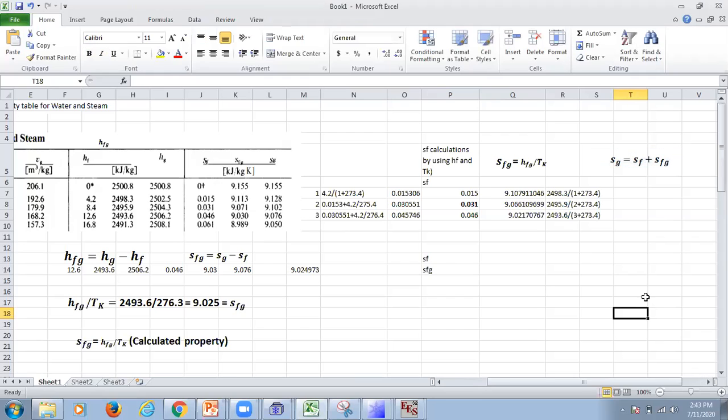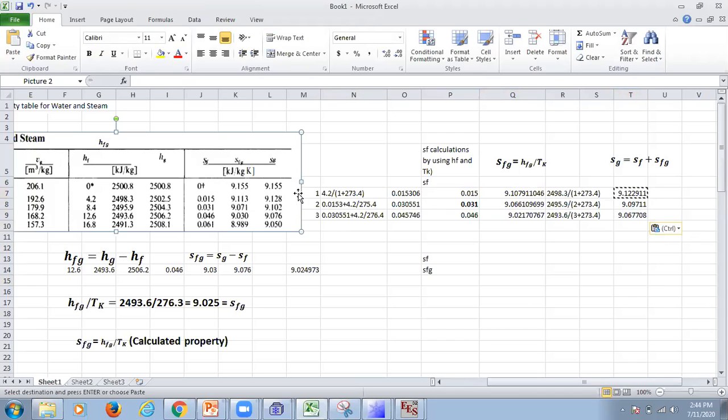So this is the formula you can find the SG values: SF plus SFG. Okay. This is how the values are calculated.